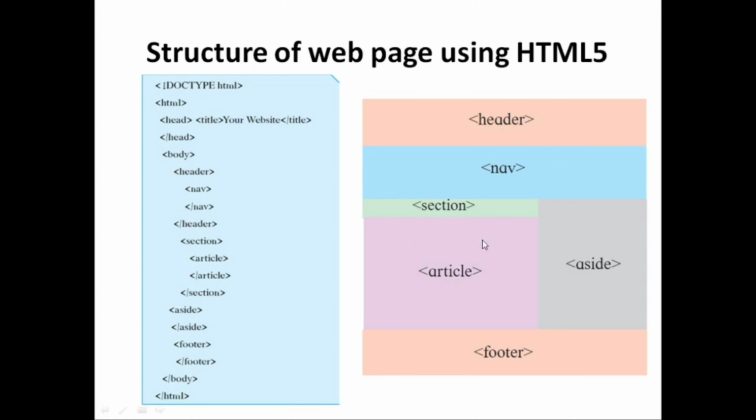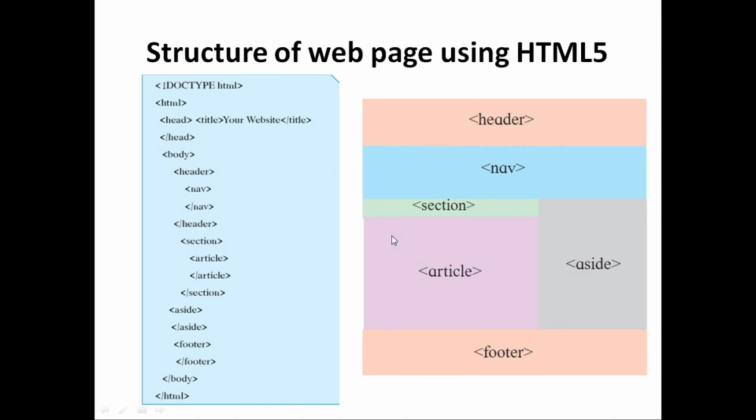Just go through the structure of a web page using HTML5. There are some additional tags that have been introduced in HTML5. We had learned them in 11th standard but not used them as yet. So in this 12th standard we will be using them to create these two sections of left and right.